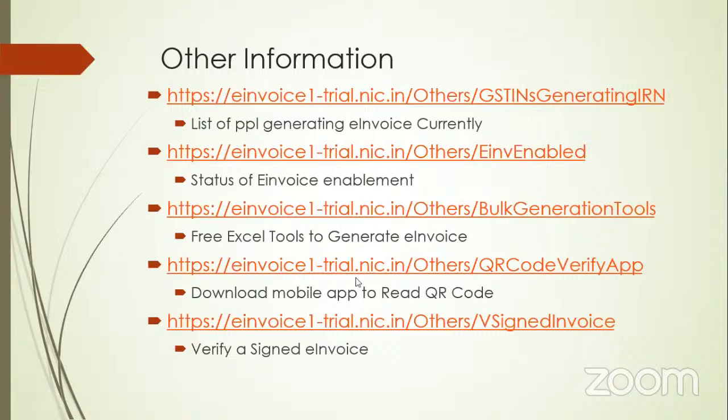When you scan the QR code, you get certain details which you can use to verify the e-invoice. Plus, the government provides an acknowledgement JSON. When you generate an e-invoice, there is an acknowledgement JSON that is sent by the government to you. You can use that JSON to verify the validity of the invoice as well.